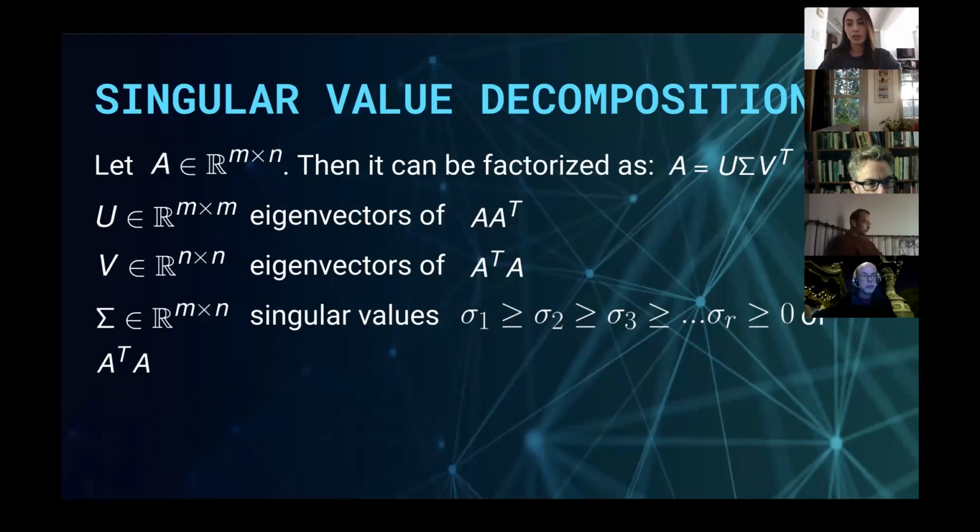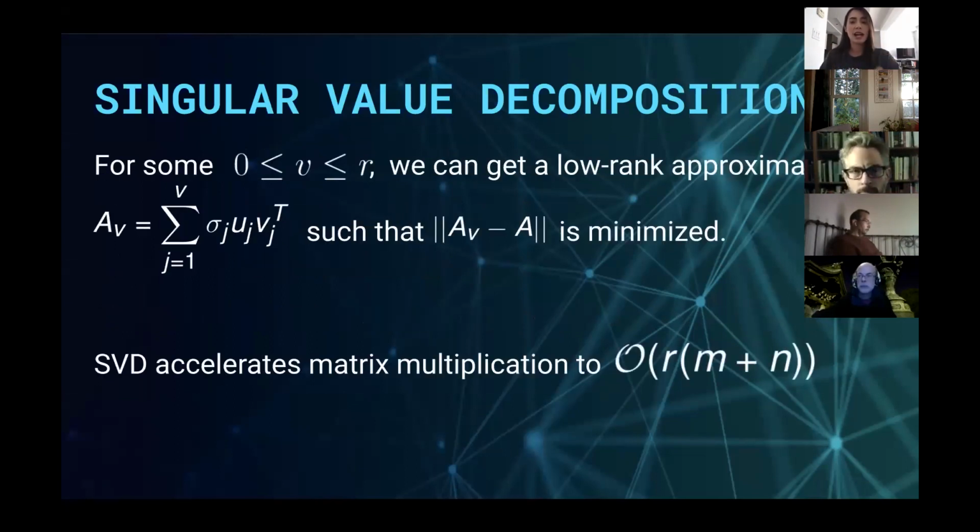So if you see here, this matrix has R singular values, and R, as we saw before, is going to be the rank of our matrix. So basically, we want to factor our original matrix A this way. And then after we have this decomposition, we want to find a value V that is larger than 0 and less than the original rank of the matrix to find a V rank or low rank approximation to our matrix.